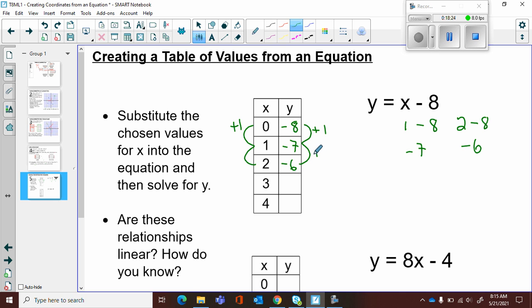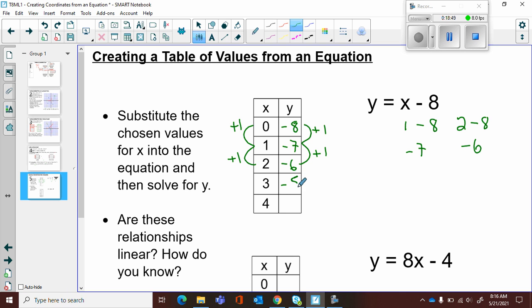So we can see that this is looking like a linear relationship, because for every 1 that x increases, y also increases by 1, and that seems to be consistent. So instead of substituting in the rest of these, we could extrapolate this data and say, I'm going to assume since x is increasing by 1, y is also going to increase by 1.